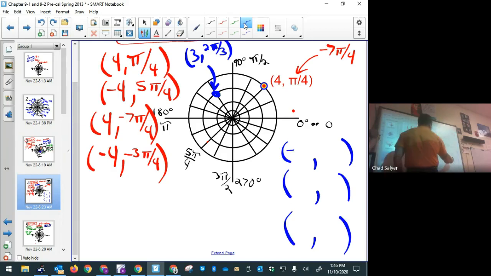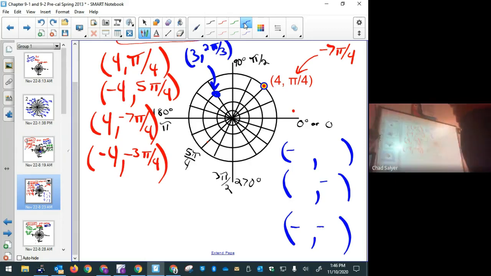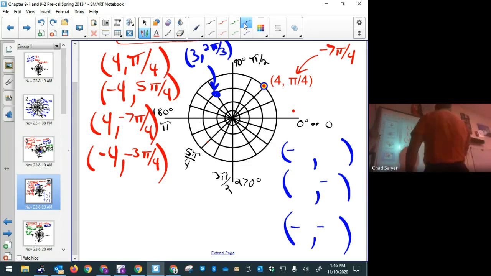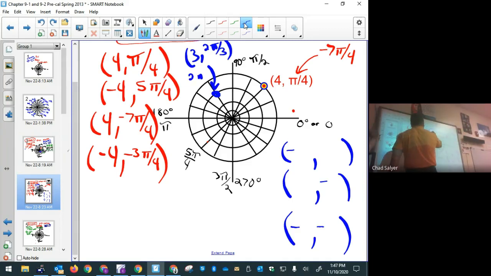I'm going to give you some help with the negative signs here. I'll also give you some help with the angles.